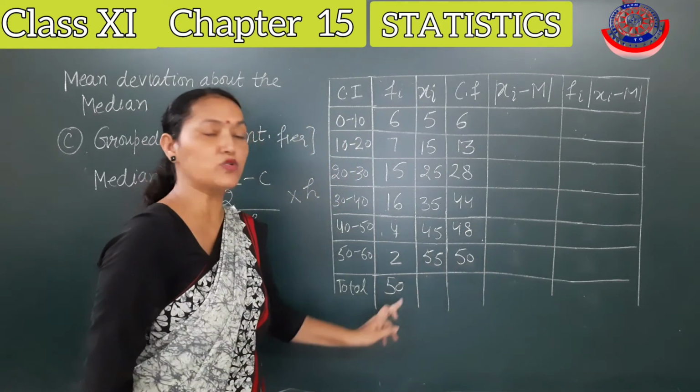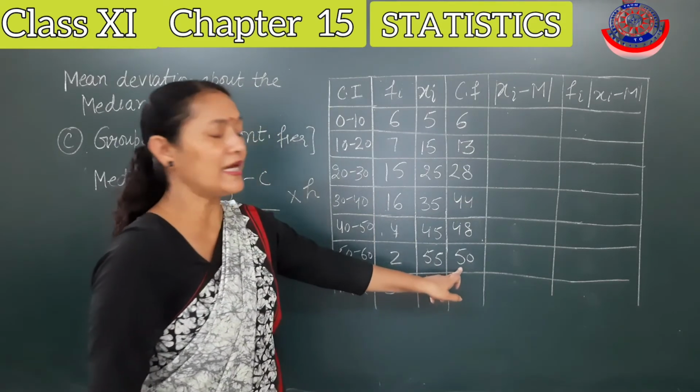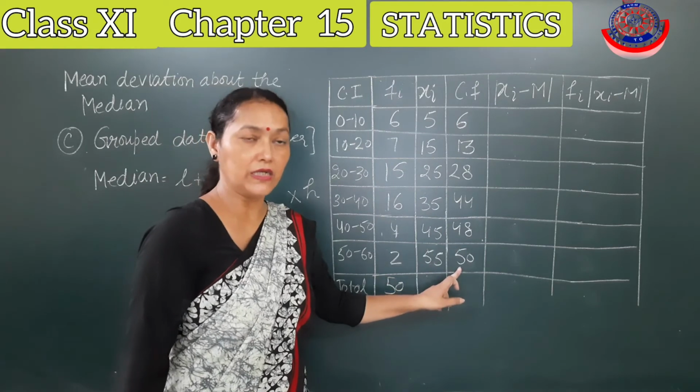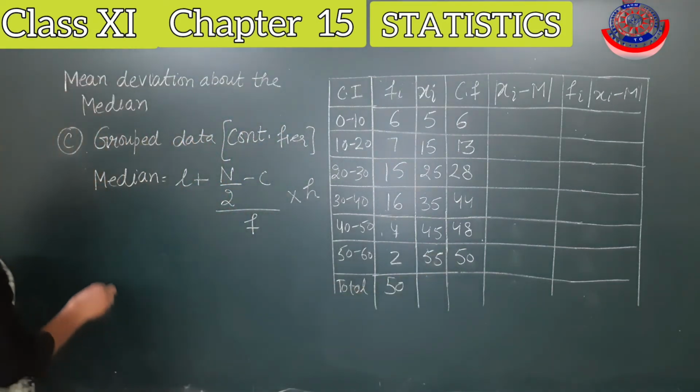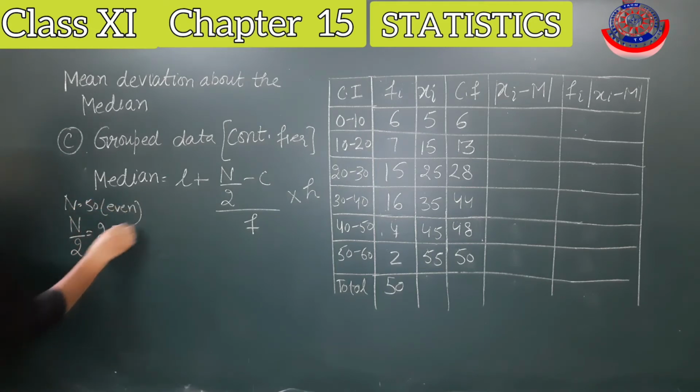This sum and this sum should be the same. Now we have obtained capital N as 50 means even. So if N is even, N by 2 comes out to be 25.